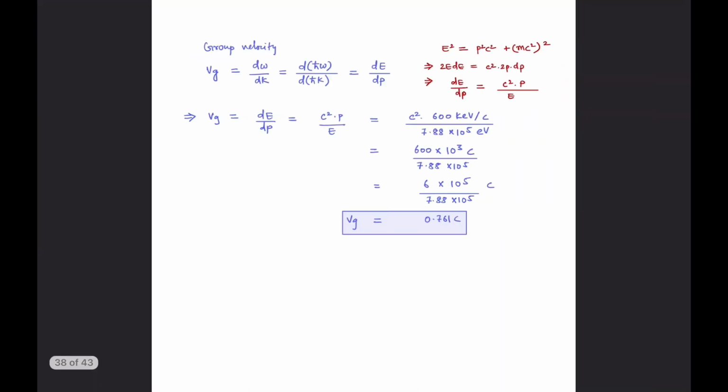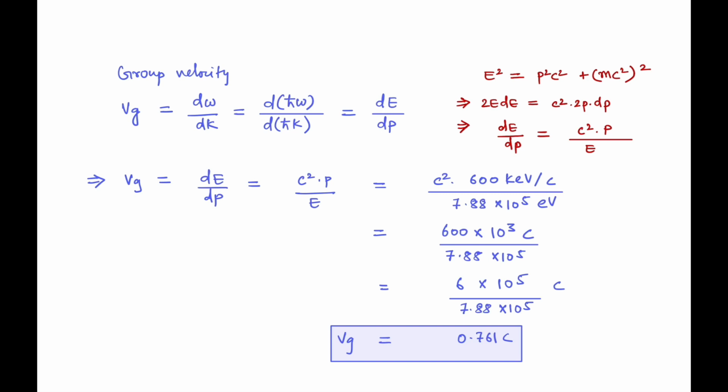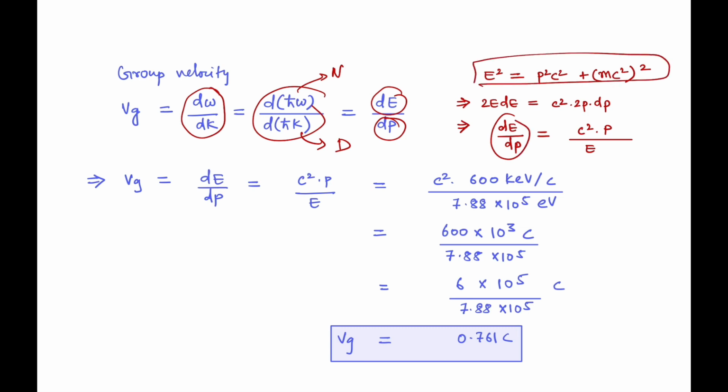For group velocity, the formula is d omega by dk. When you multiply h bar again in both numerator and denominator, it is going to be dE by dp. We need to find dE by dp from this expression, so we differentiate both sides. It is going to be 2E dE equal to c square 2p dp.